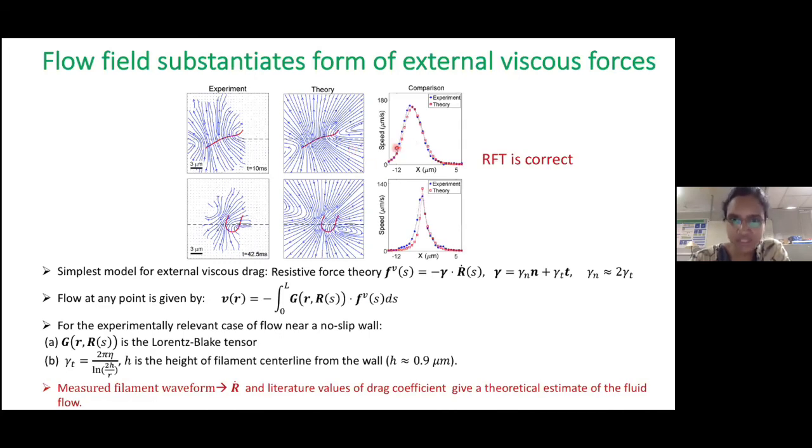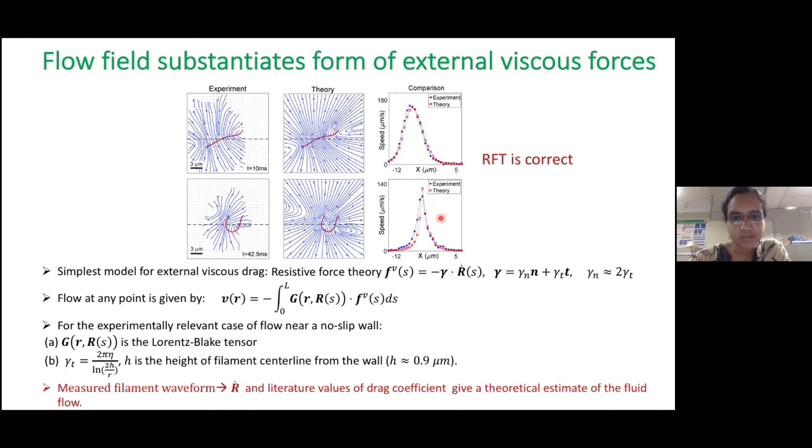So we can measure the speed at each point on this grid and compare it with theory, and we come to a conclusion that resistive force theory works well in this case. And so now we are assured of the fact that we are using the correct form of viscous drag, and we don't need higher order corrections.